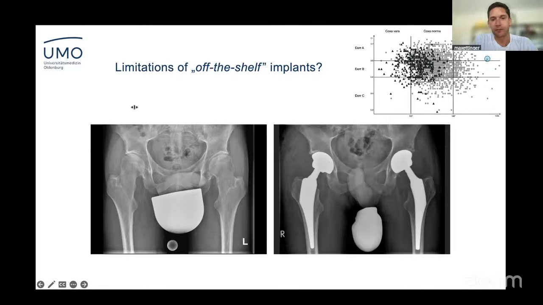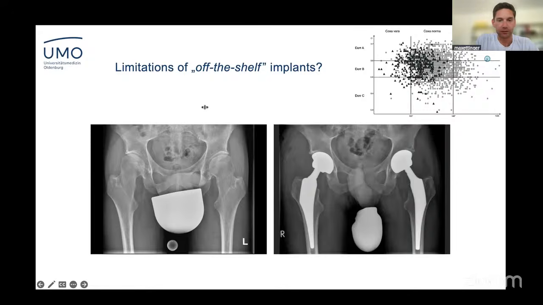And there's no stem on the market that doesn't anchor distally with which you are able to reconstruct this anatomy. And in those cases, we do individual stems because we don't want to transfer the patients from one box to another.